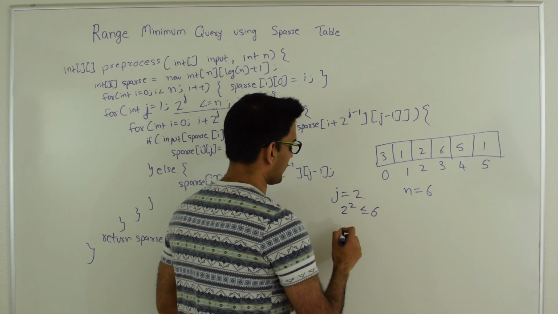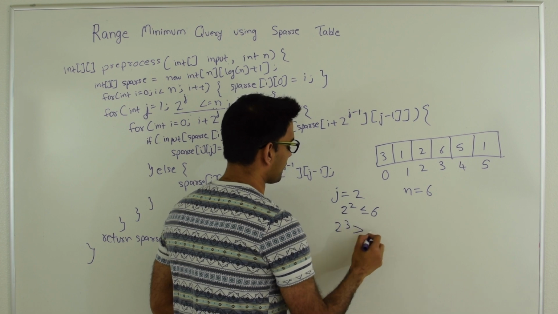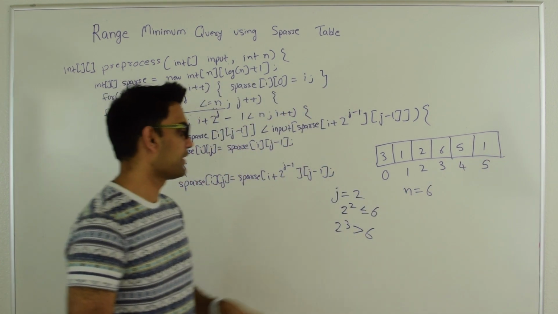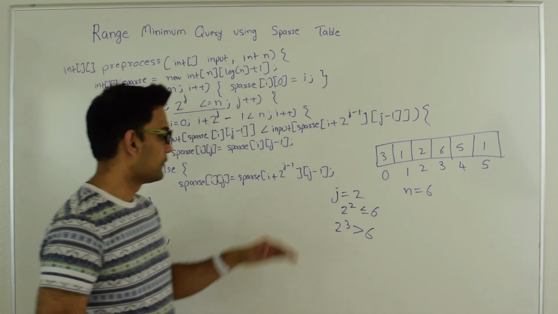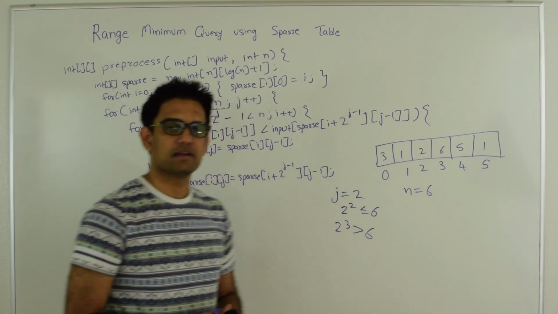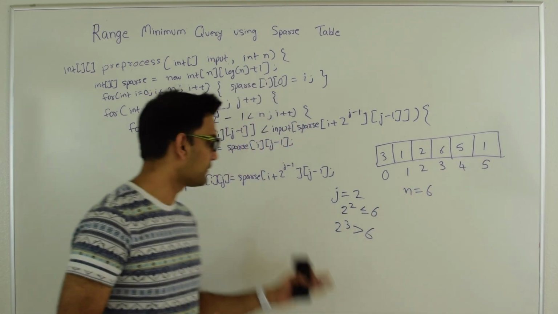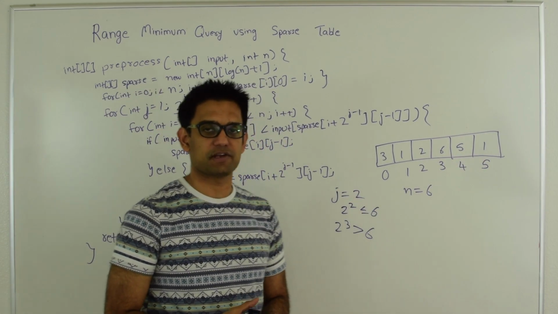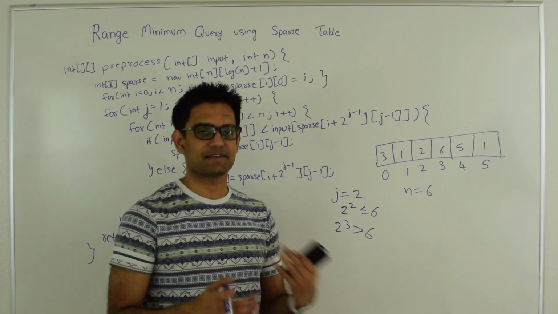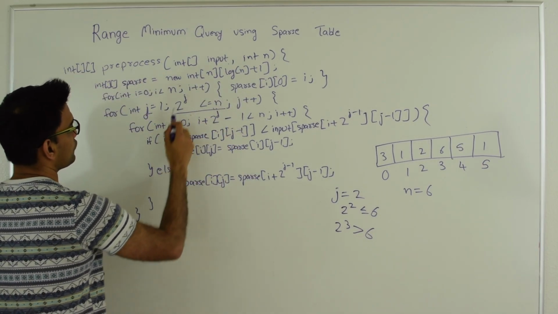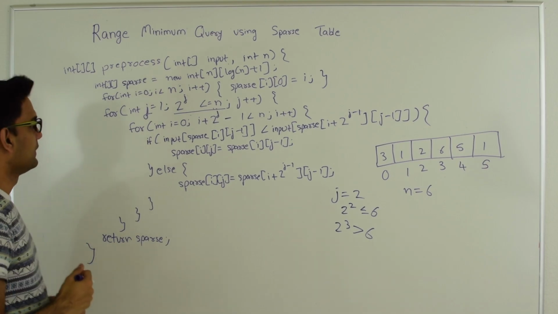But if j was 3, then 2 raised to 3 will be greater than 6, and we do not have 8 elements here in this array, so we do not want j to be more than 2. If the size of this array was 9, for example, then we would want our j to go all the way till 3, because 2 raised to 3, 8, is less than 9. So this is this condition, 2 raised to j less than equal to n.